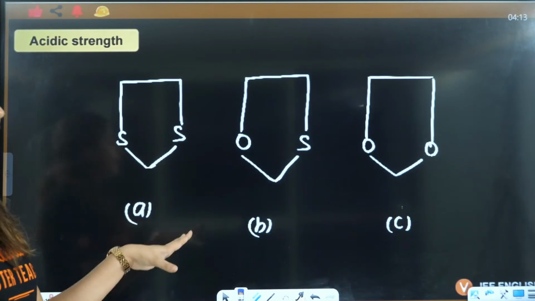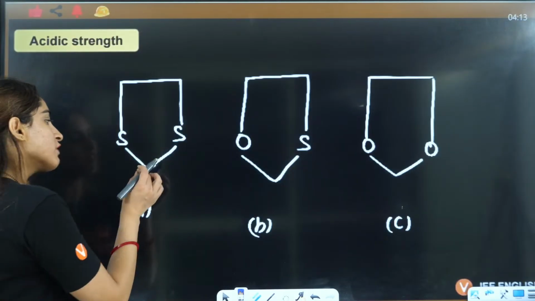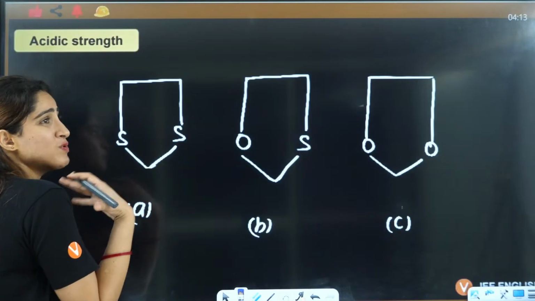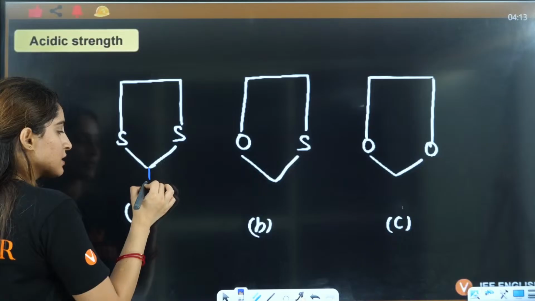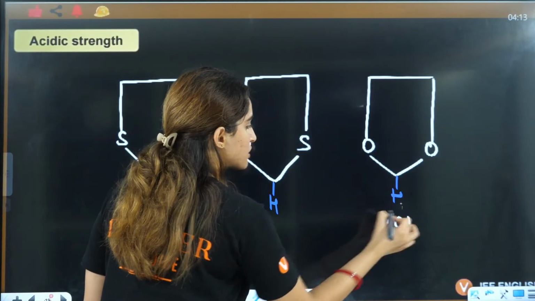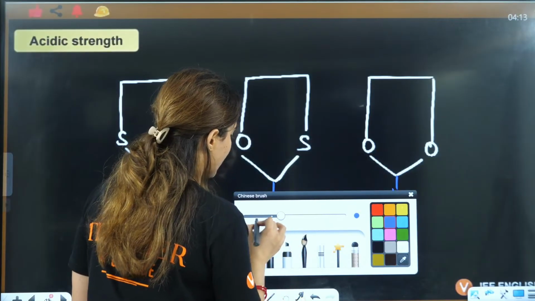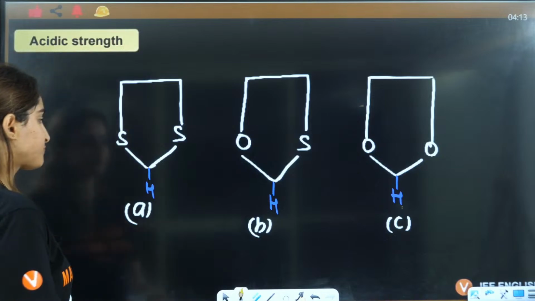Now, you have to find out the most acidic hydrogen, which is the one that wants to go. So we will check this hydrogen here, this hydrogen and this hydrogen, whether it will lose or not.